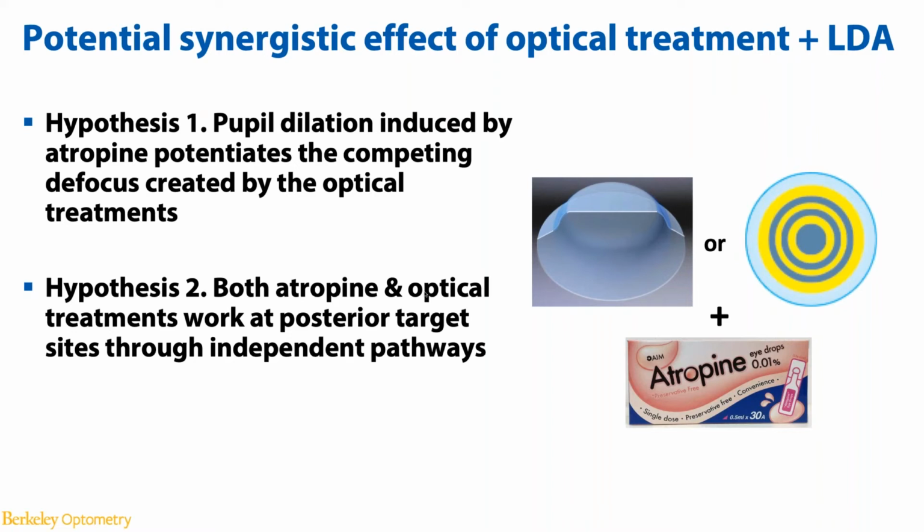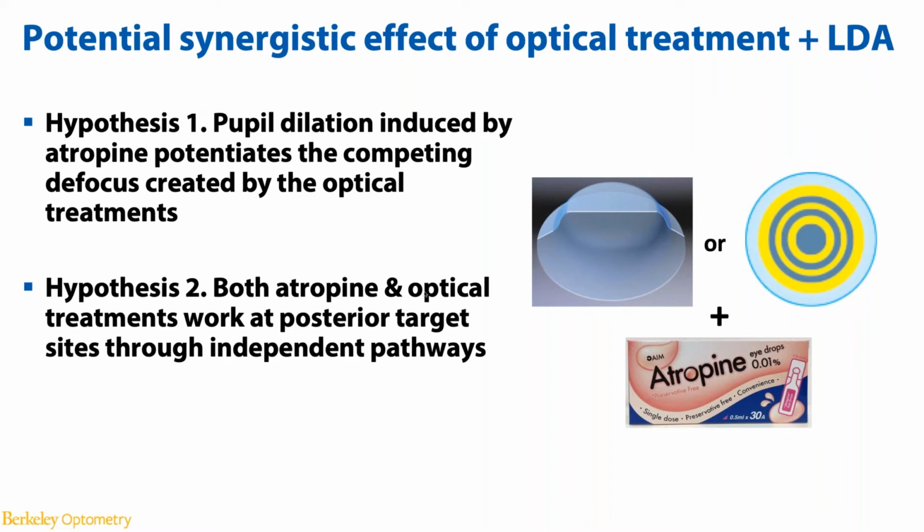And the other hypothesis is saying that both atropine and optical treatments are working independently, but they're both working at posterior target sites, likely on the retina, RPE, or choroid, or on the sclera, but through independent pathways.